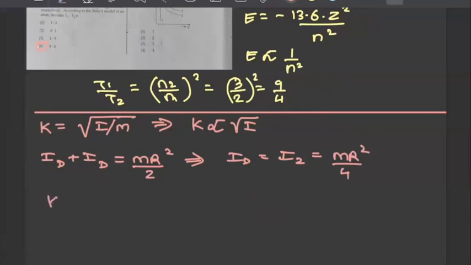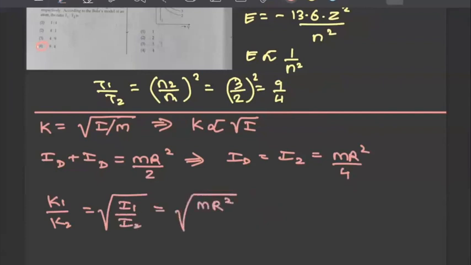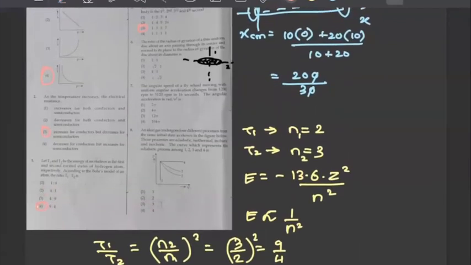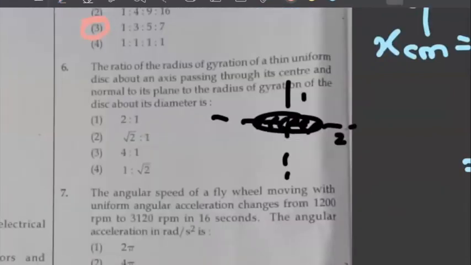So that's it. K1 by K2 is going to be root of I1 by I2. I1 is mr square by 2 and I2 is mr square by 4. So I get root 2. So root 2 is to 1 should be this one.